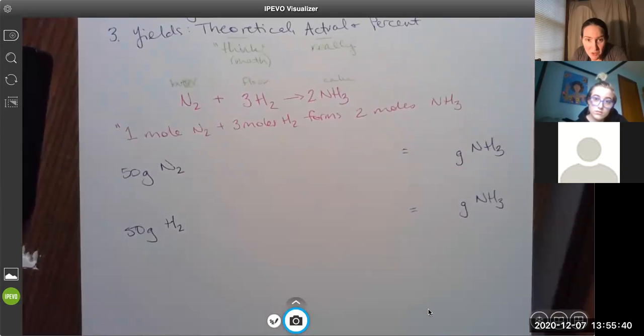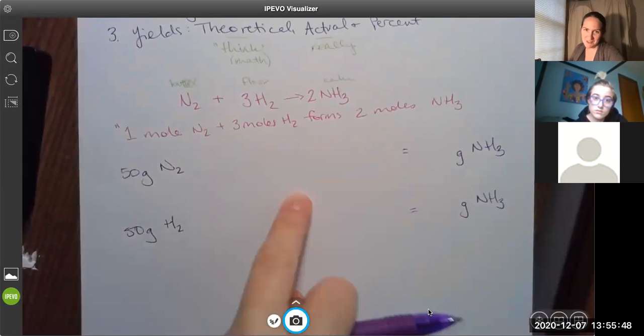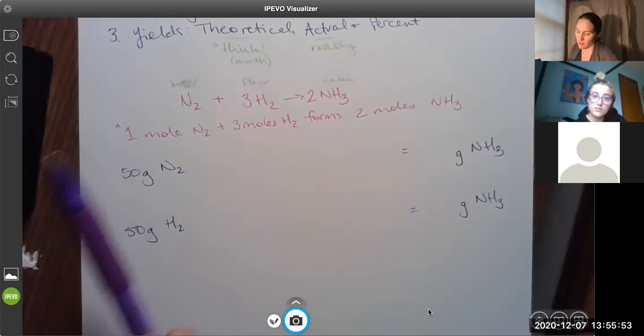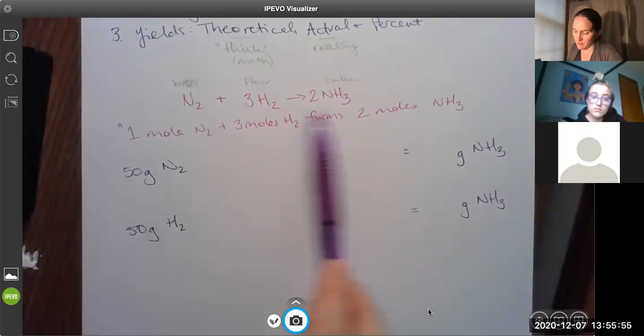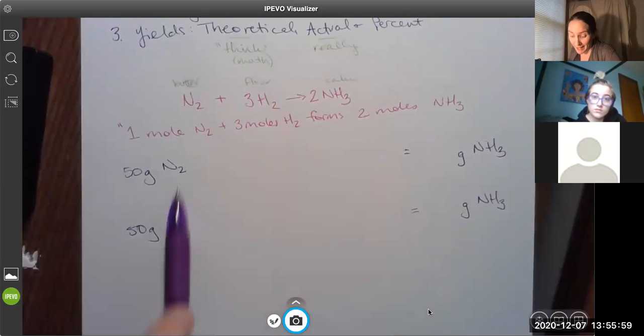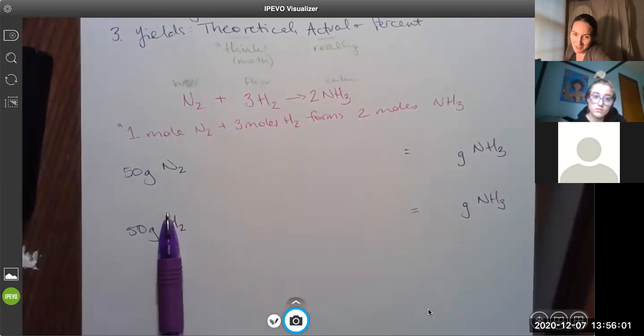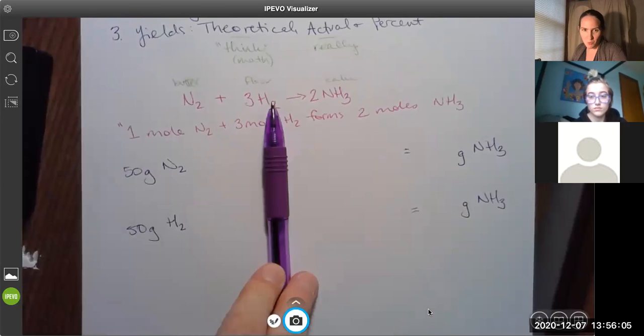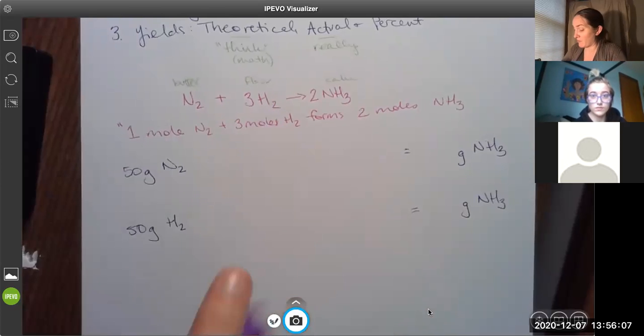And to do this, our key is to go through moles in the middle, because we know how many moles of each of these things that we need. We know how many grams we're starting with. But to get our grams into our moles, we're going to do some converting.